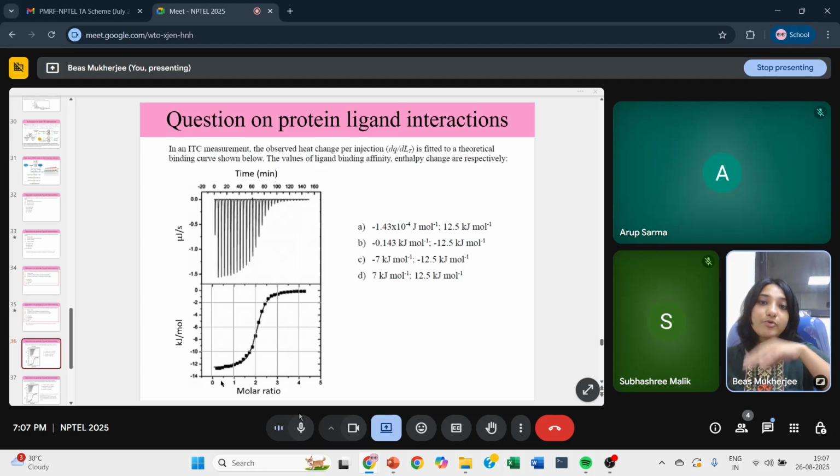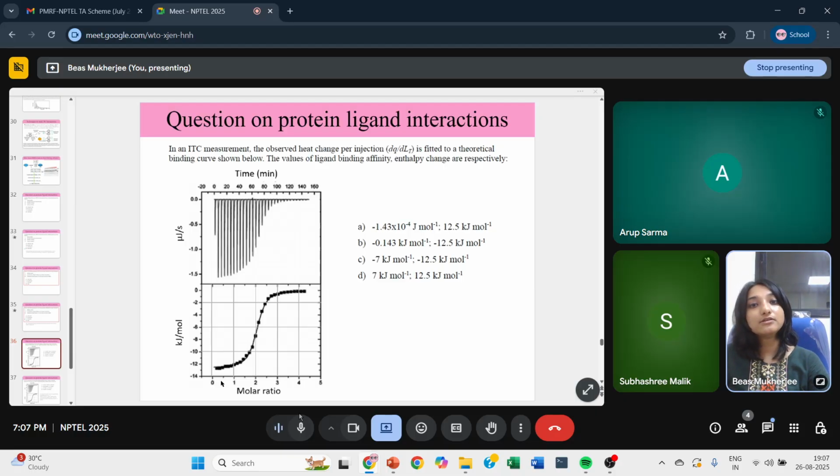So this sigmoidal curve is what is expected, and all the points that you have plotted, now you're getting this. This is called a fitting, based on your expected values and your experimental values. Now the values of the ligand binding affinity and enthalpy change, respectively, are... So how are you going to get that?